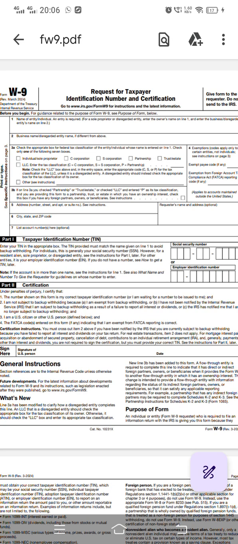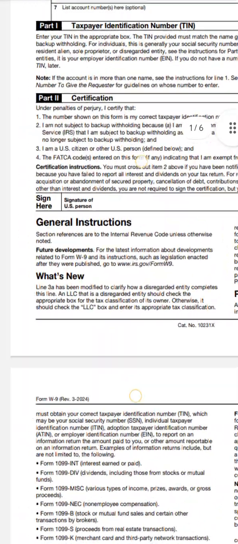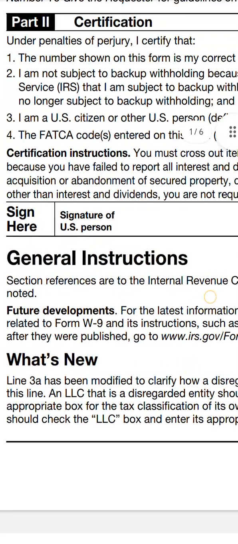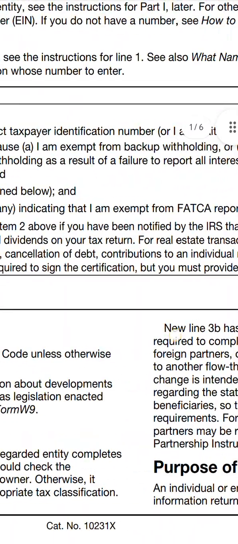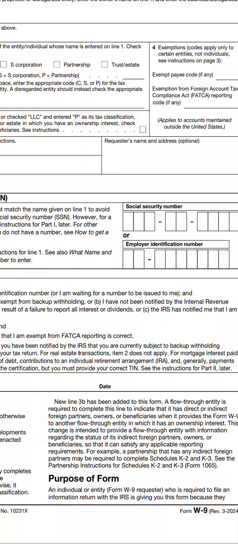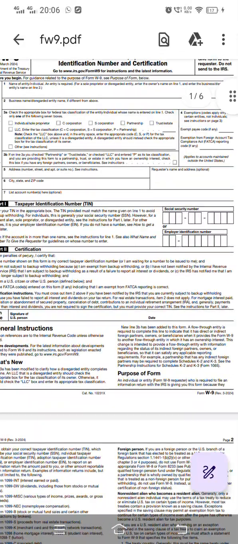And here the TIN section, and here is the certification, and here are some general instructions, and this needs to be signed. So without the signature, this will not be binding to the other party. So you should get it signed, and then only this certificate will be valid.